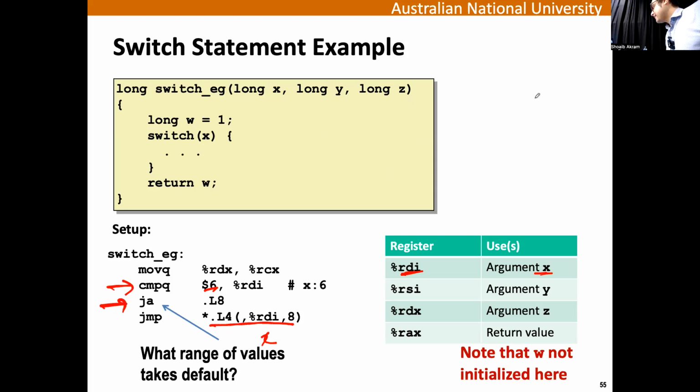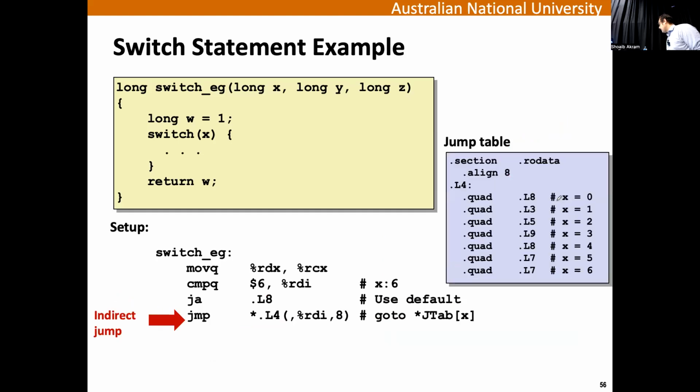So you get x, you multiply it by 8, and you add .L4. This is the read-only data portion of your binary. .L4 is the starting address of the jump table, and then we store the addresses of the code blocks corresponding to each switch case.